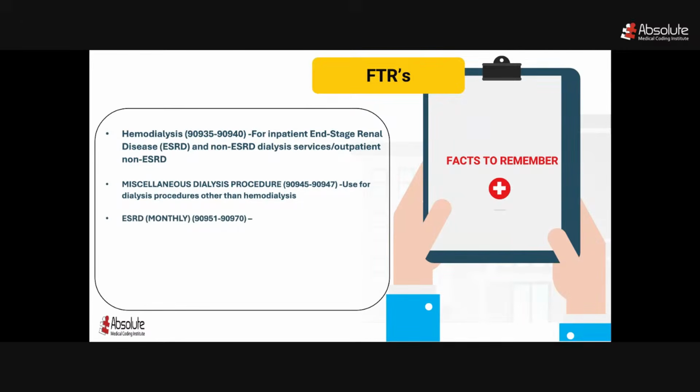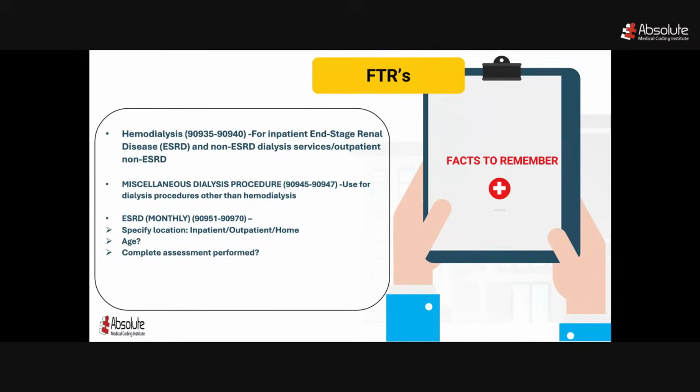We have ESRD monthly codes that range from 90951 to 90970. You also have to always specify the location. Look for the location, if it is inpatient, outpatient, or home. Okay. And check for the age of the patient because most of the codes are again classified based on the age. Very important.